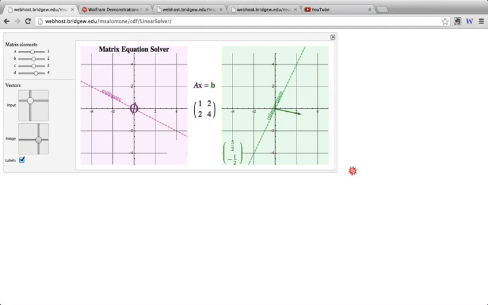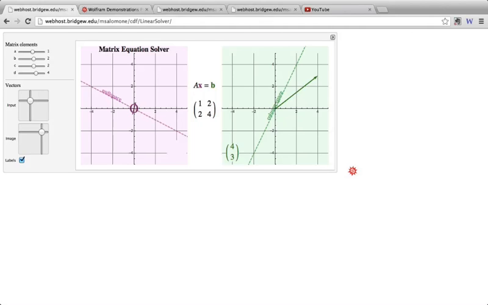What purple vectors are landing on this green vector? At least according to the applet. If I'm trying to solve AX equals B for the vector B equals (4, 3), then what is my solution?